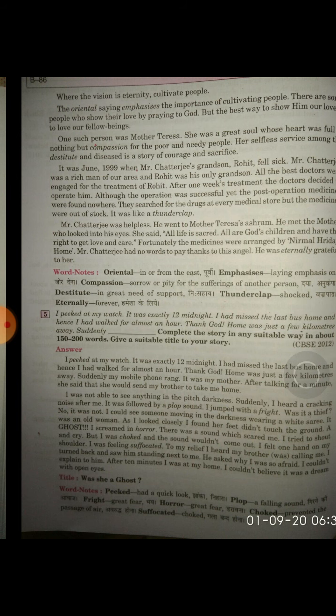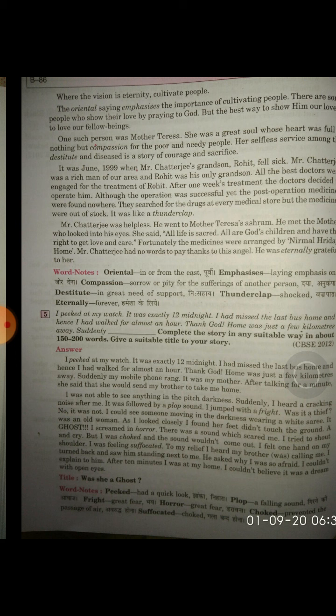All are God's children and have the right to get love and care. Fortunately, the medicines were arranged by Nirmal Hriday Home. Mr. Chatterjee had no words to pay thanks to this angel. He was eternally grateful to her.